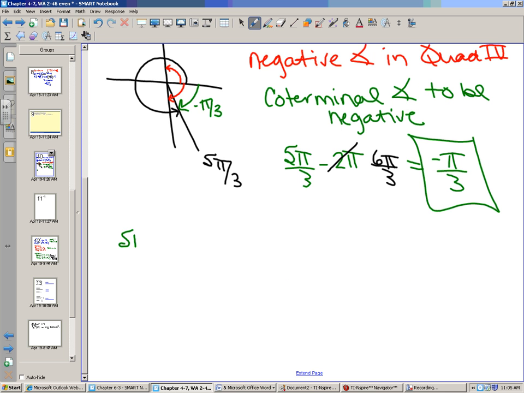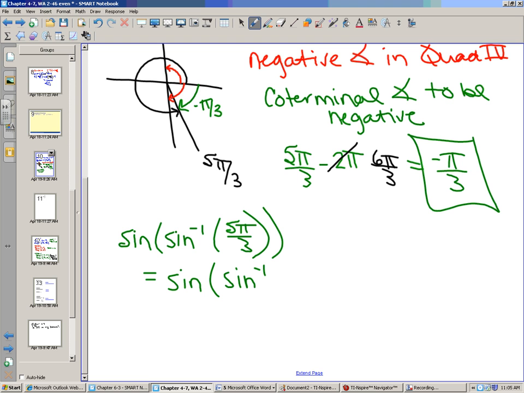In other words, if I'm doing the sine of the sine inverse of 5 pi over 3, that's the same thing as me doing the sine of the sine inverse of negative pi over 3. Why is that? Because negative pi over 3 and 5 pi over 3 are what type of angles? Coterminal.